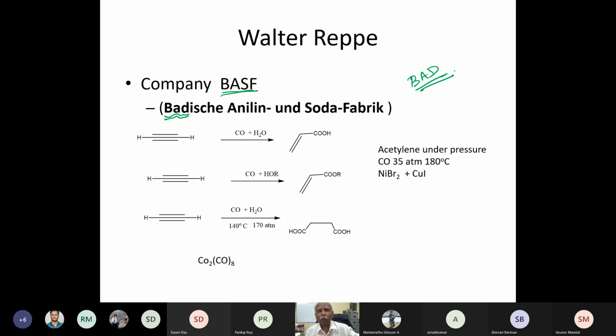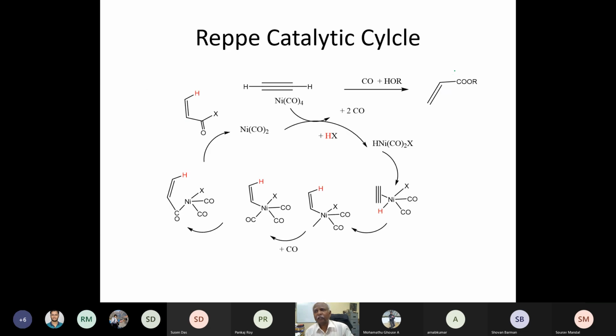Let's take a look at what a catalytic cycle would look like in this case. This was invented by a person called Reppe, Walter Reppe. And Reppe's catalytic cycles are very famous. He did a lot of chemistry with acetylene. Acetylene is again a troublesome gas because it is explosive.